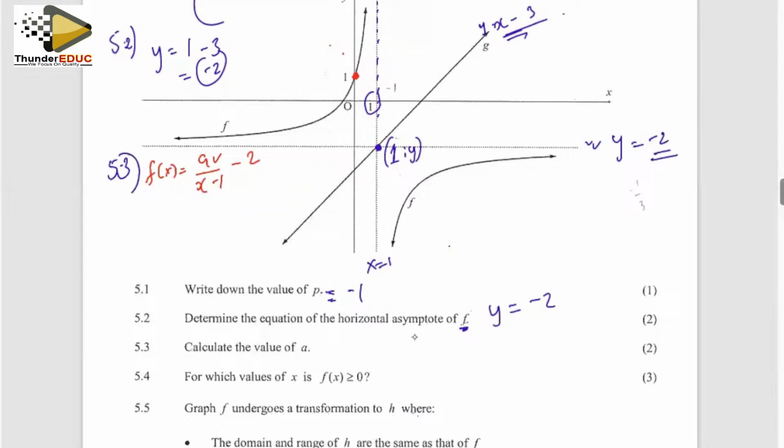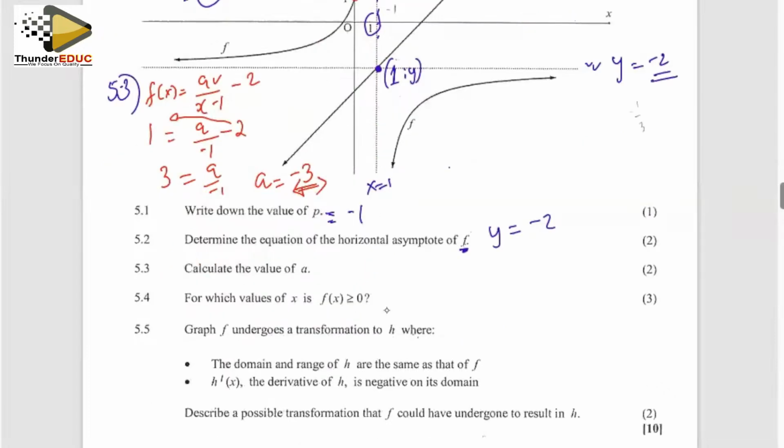So at this point, x is 0, y is 1. So I'm going to say 1 is equal to a over 0 minus 1, minus 2. I need to move this minus 2 to that side. It's going to be 3 is equal to a over negative 1. Multiply both sides by negative 1, which means a is going to be -3. Beautiful. So we have the value of a.